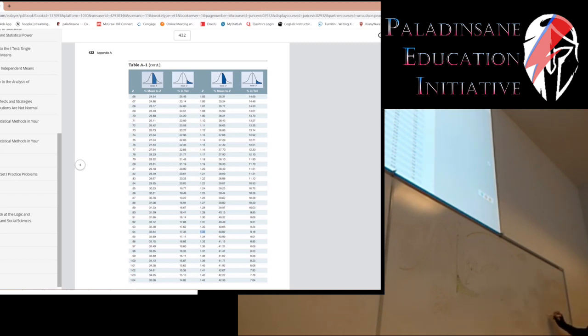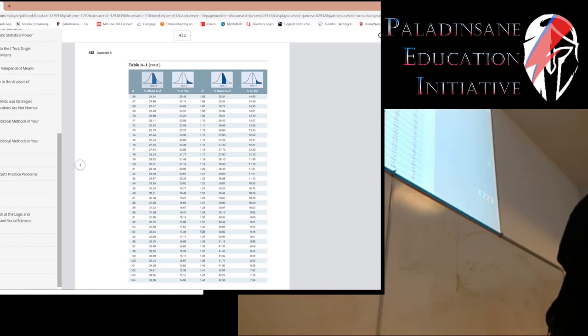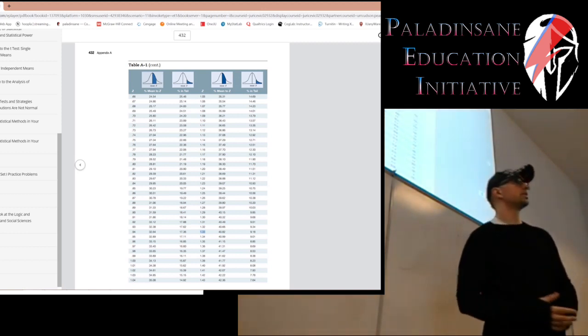So that will equal 100 plus 20. So 1.33 times 15 is 20. So we need an IQ of 120 in order to get into that very superior intelligence. So that is finally the answer to those questions.